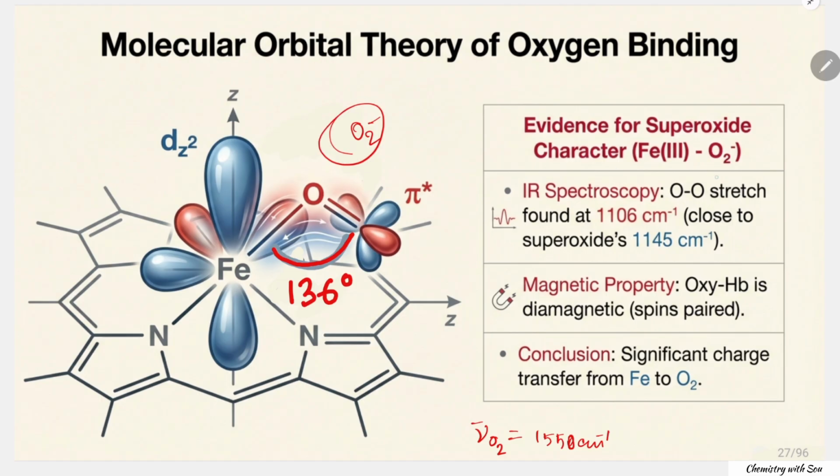This is a superoxide, okay, and iron is in the 3+ state. So first of all it will bind in the Fe2+ state with neutral oxygen. After that it will convert to Fe3+ state and O2 minus, means charge transfer takes place from the iron to the oxygen. और इसका जो स्ट्रेचिंग फ्रीक्वेंसी होता है वो about 1106 cm^-1.